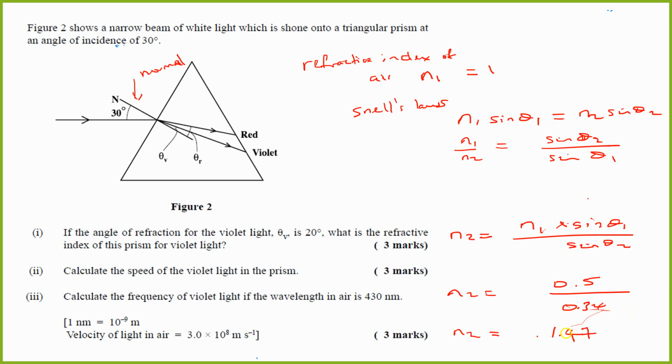Now that we have this information, that's the refractive index of the glass, the prism. They want us to find the speed of the violet light in the prism.